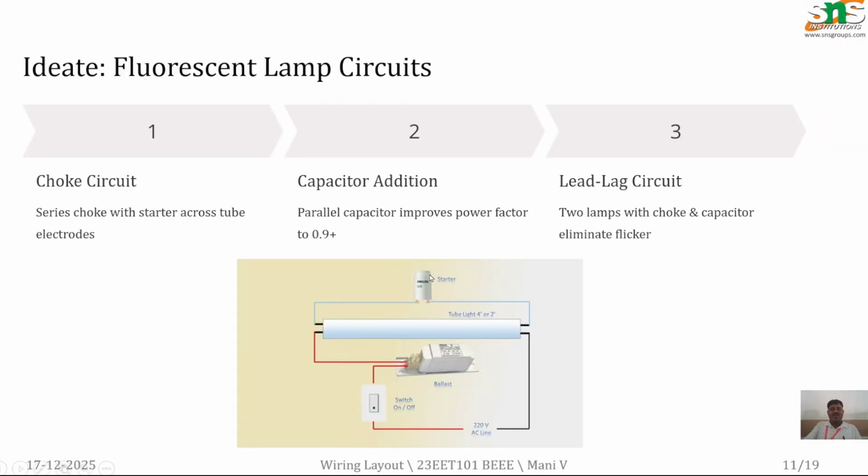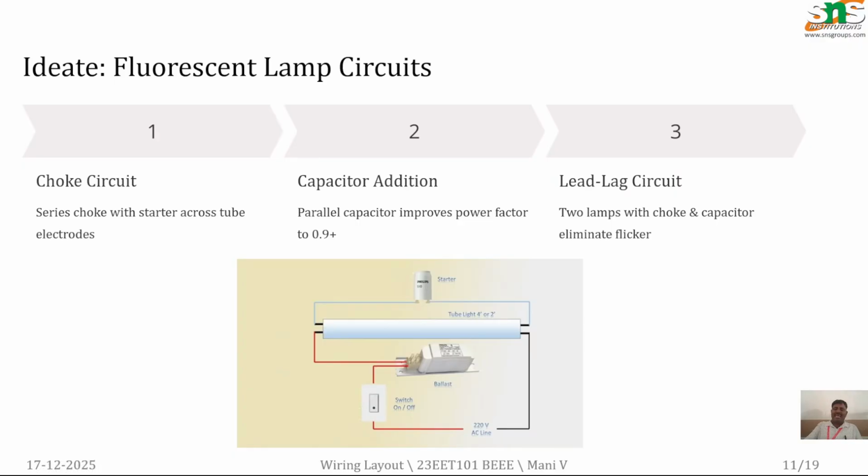The starter is used for ignition, because a tube light requires 1000 volts at the time of starting, but the supply voltage is only 220, which is not sufficient to glow the lamp. To heat up the electrodes we need 1000 volts, which is supplied by the starter at the time of starting.